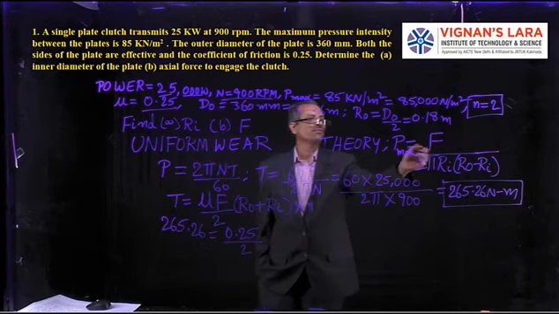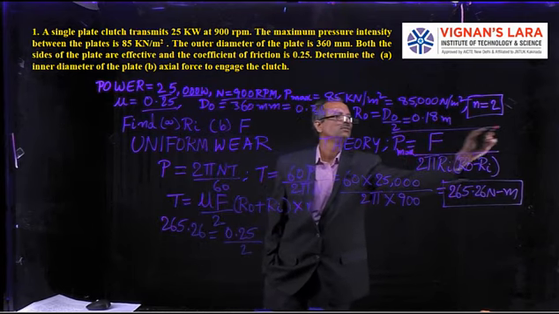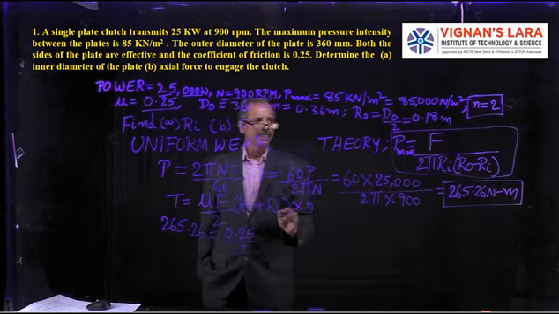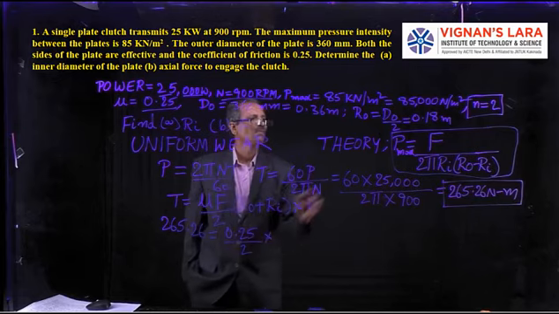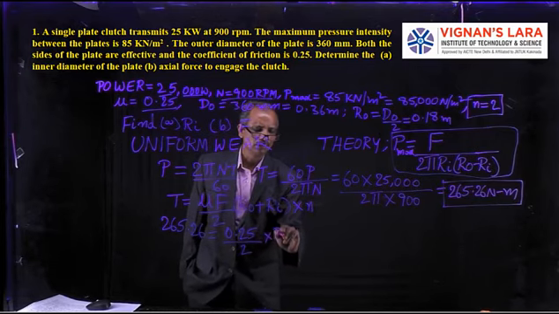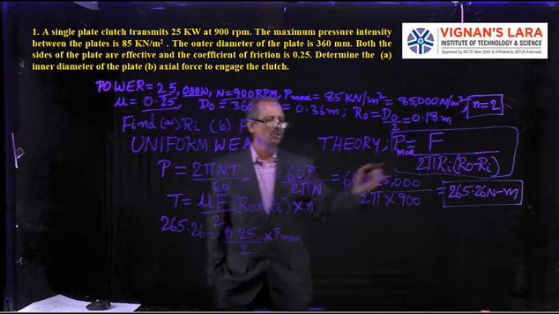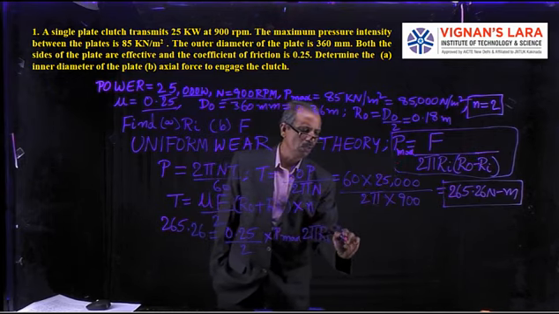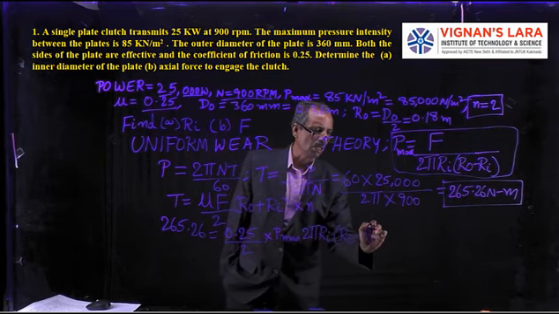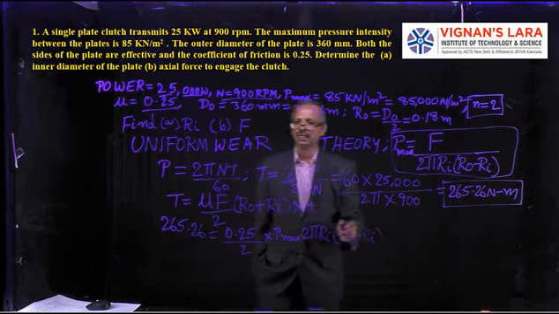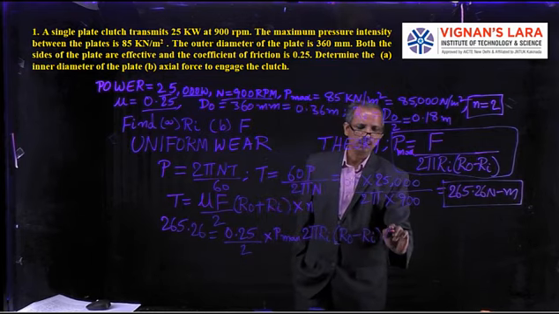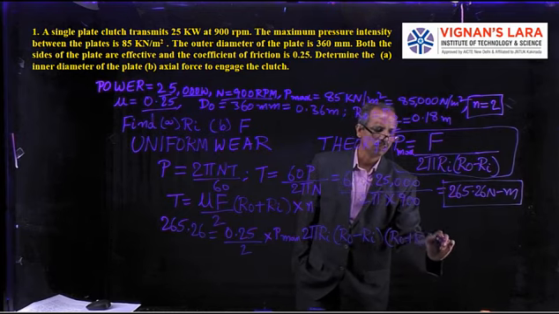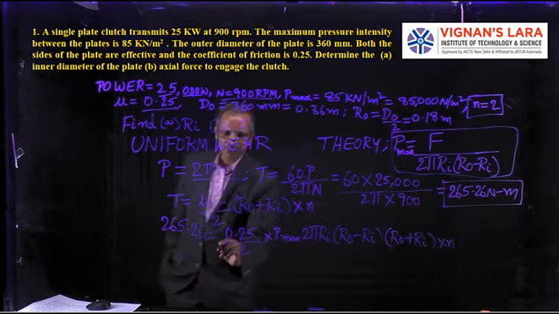Let me cross multiply here: F is P max into 2 pi Ri into R naught minus Ri, then once again R naught plus Ri into N. So let me substitute the values.